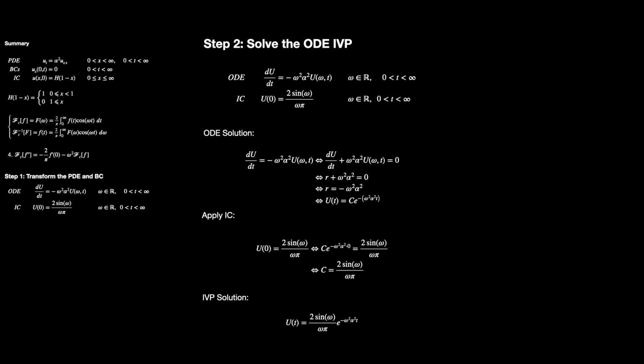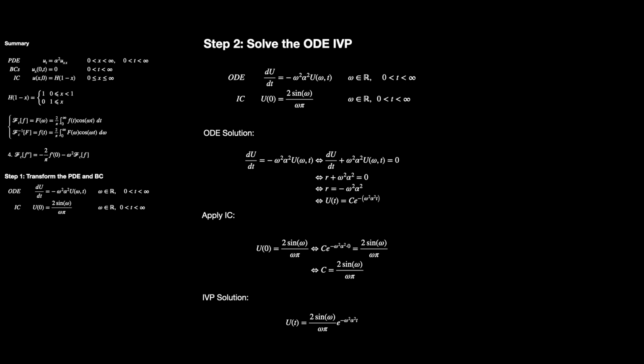Next, we apply the initial condition. At t equals 0, we plug that into the general solution of c times the exponential raised to the negative omega squared times alpha squared times 0, which simplifies to 1, and then set that equal to the initial condition we solved previously.